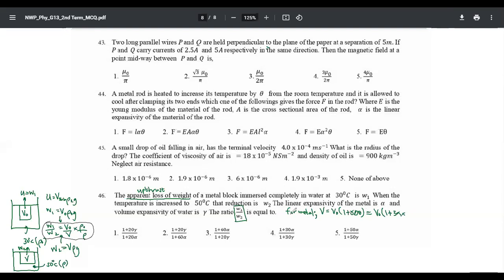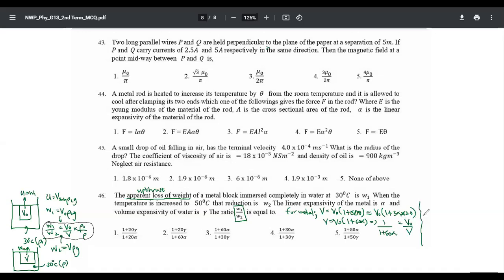What is the temperature difference, people? It is 20, because from 30 they have increased it to 50. So V equals V naught bracket 1 plus 60 alpha. We need V naught over V. Therefore, 1 over 1 plus 60 alpha is V naught over V.